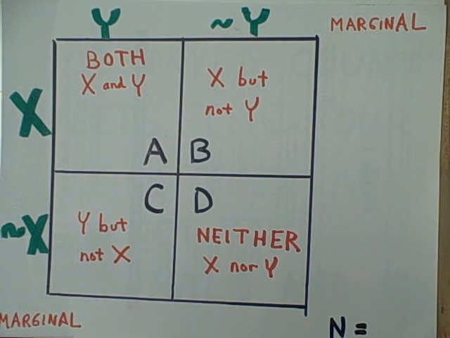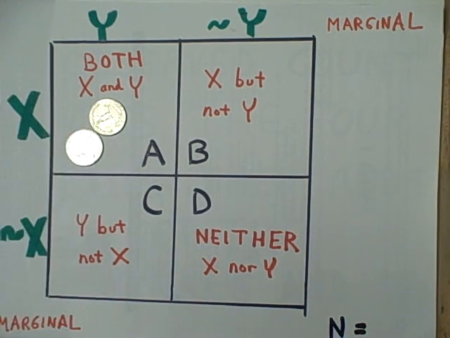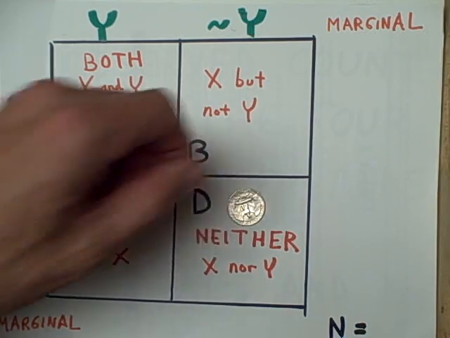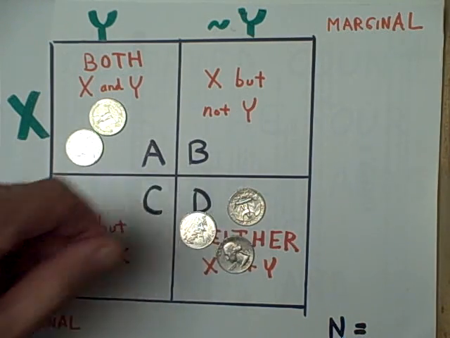Let's now observe 12 different cases, each one represented by a different coin. Suppose we observe our first case having characteristics x and y. We observe another case with that situation. Then we observe a case that has neither, and another case with neither, and another case.